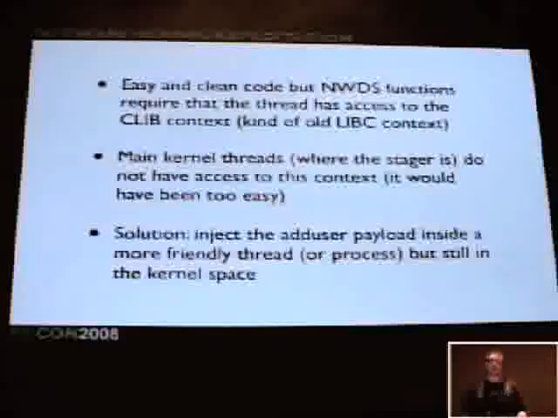It would have been too easy. So the solution is a kind of injecting. It's kind of injecting the payload into another process, like if you go to the user space. But in this case, we inject it in a kernel thread, another one, but with a CLib context.